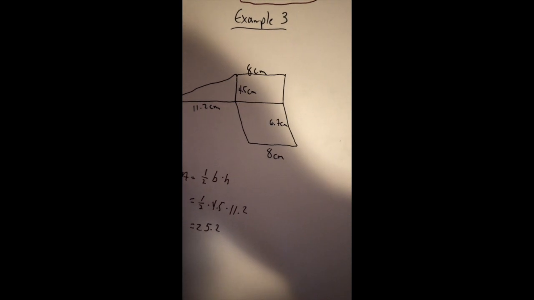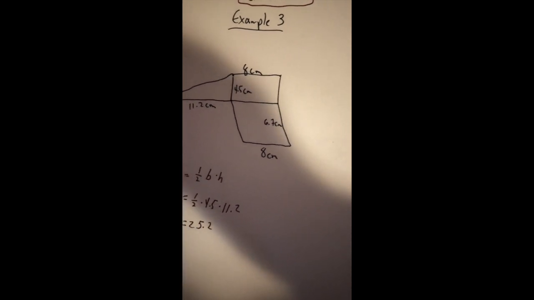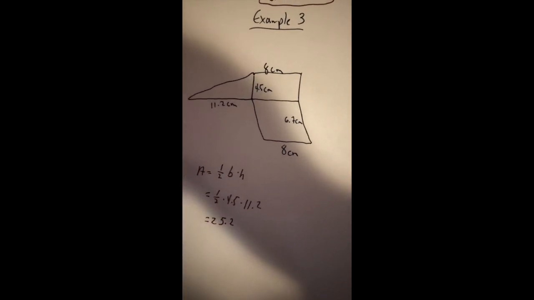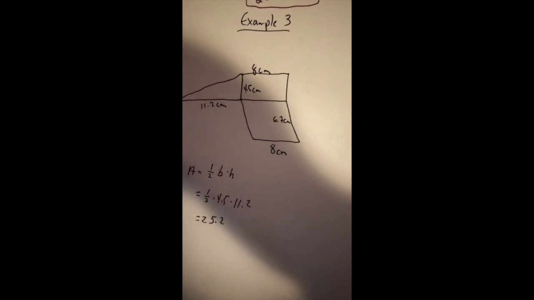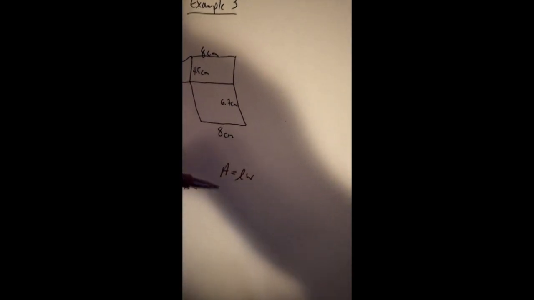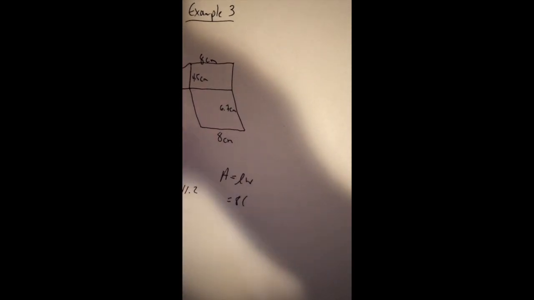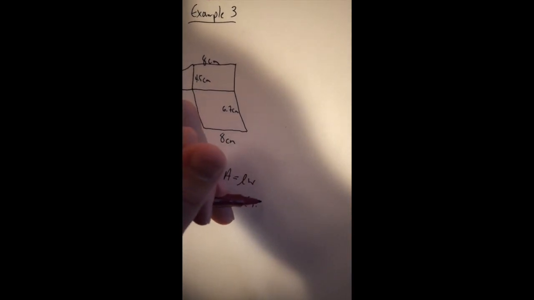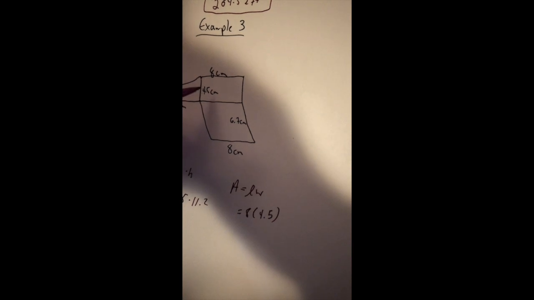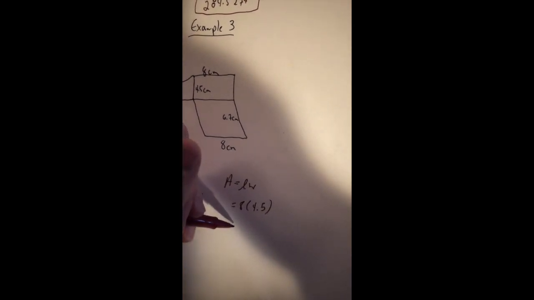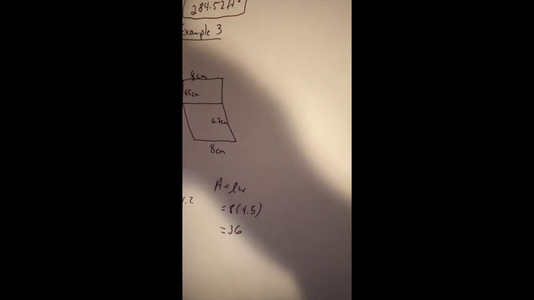Then we get into the 2 easier shapes to figure out the area of. We have area equals length times width for that rectangle, which is 8 by 4.5. When you do that math, you get 36.